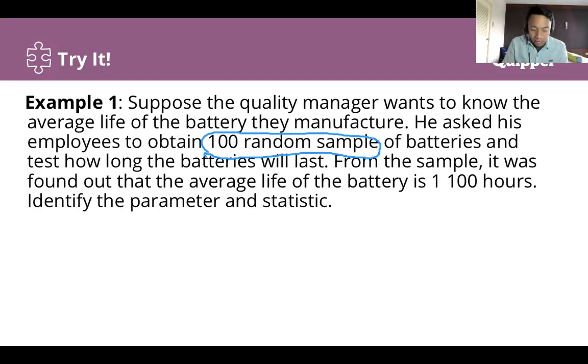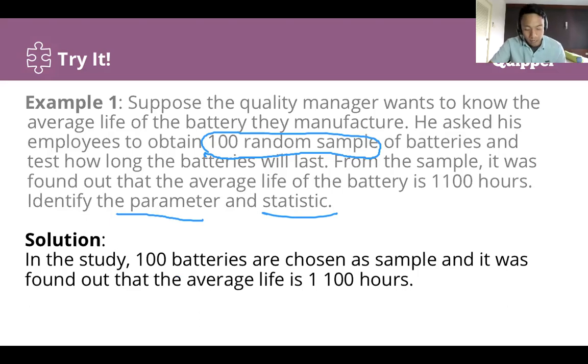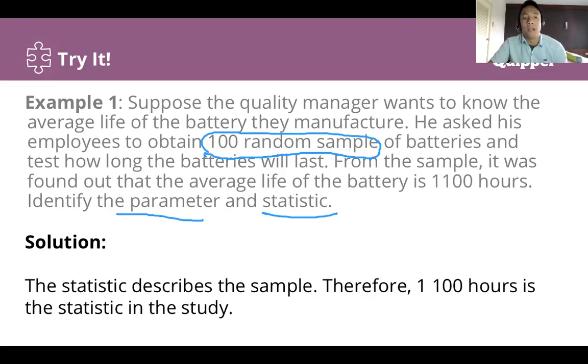Okay, so ang hanap natin yung parameter, ano yung parameter kanina? Parameter is the population. Statistic is on the sample. Correct? So what will be our solution? In the study, 100 batteries are chosen as samples, and it was found out that the average life is 1,100 hours. The statistic describes the sample, correct?